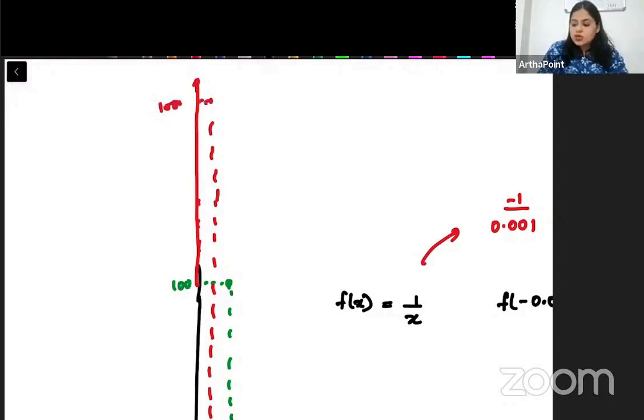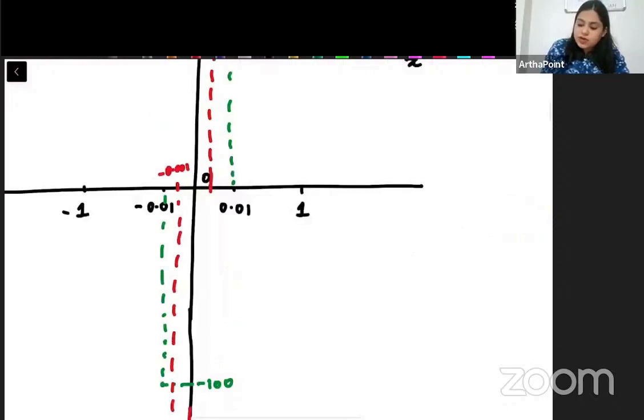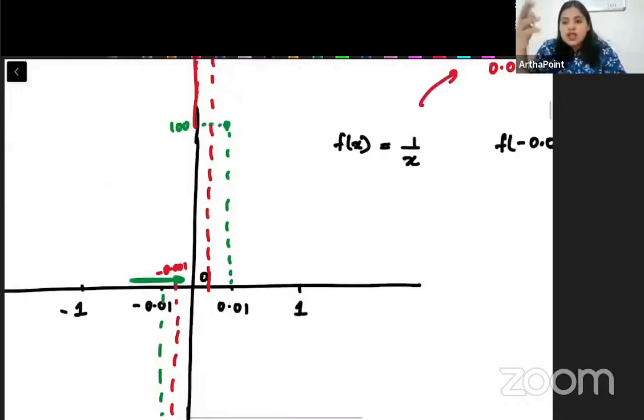As you keep approaching 0 from here, you keep getting large negative values, large in the absolute sense: minus 100, minus 1000, minus 10,000 and so on. But when you approach it from here, you keep getting larger and larger positive values.